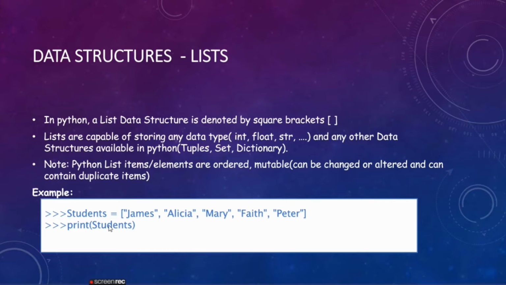So here is an example where I created a variable students, and this is a list that contains the names of the students. Here, print students, I'm printing the value of the students, so I'm printing this list. Don't worry about how it will run, we are going to do this in our practical section.